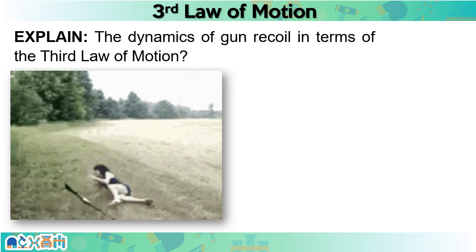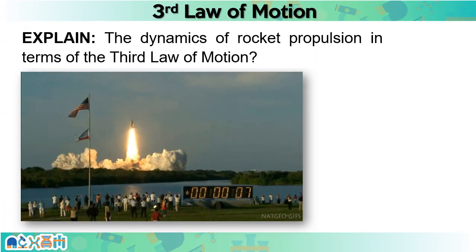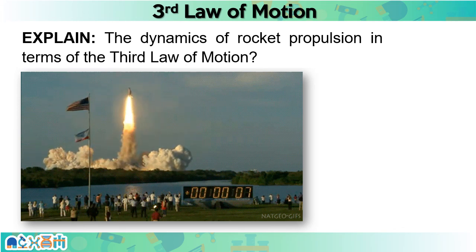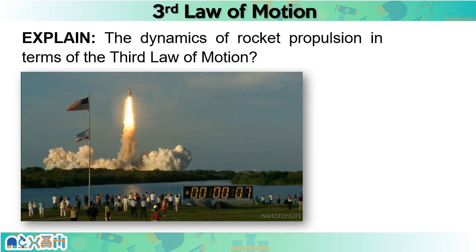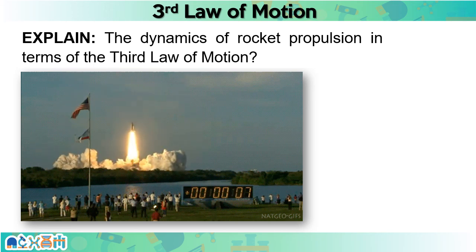The same thing happens in the dynamics of rocket propulsion. The rocket's action is to push down on the ground with the force caused by its powerful engines, and the reaction is that the ground, quote unquote, also pushes the rocket upwards with an equal amount of force.